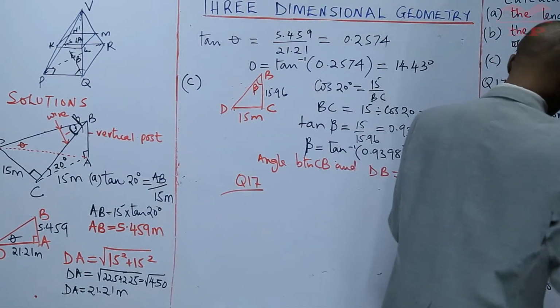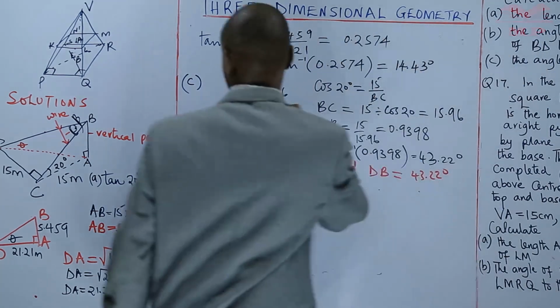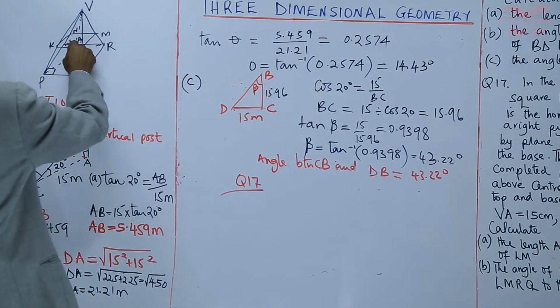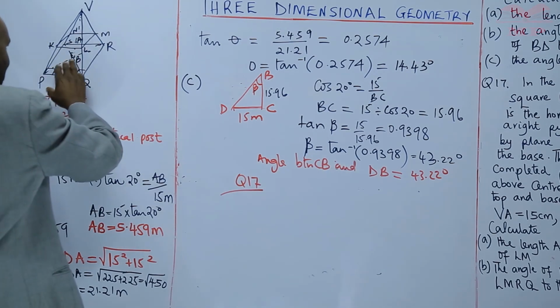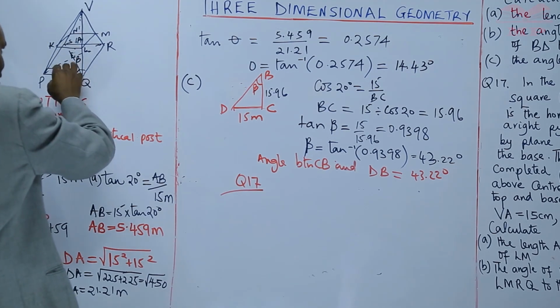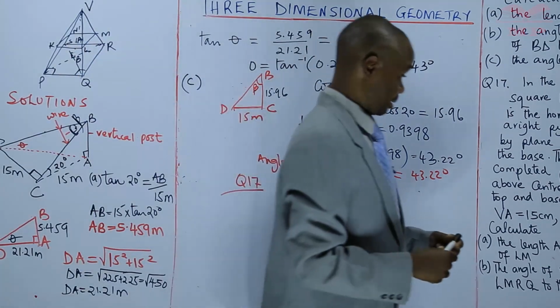The vertex V of the completed pyramid is vertically above the centers A and B. A is the center of that horizontal plane, and B is the center of that square base of the pyramid.